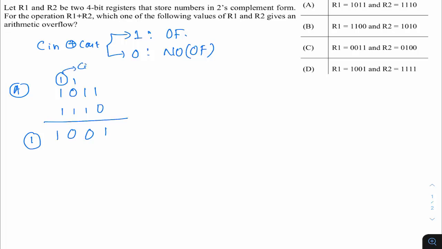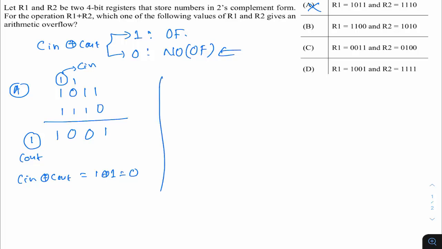So C in XOR C out, and both values are 1. 1 XOR 1 is 0. If there is 0, then there is no overflow, right? So in the first case, we will not have any overflow. We have to pick the one which has overflow, so option A is definitely wrong.